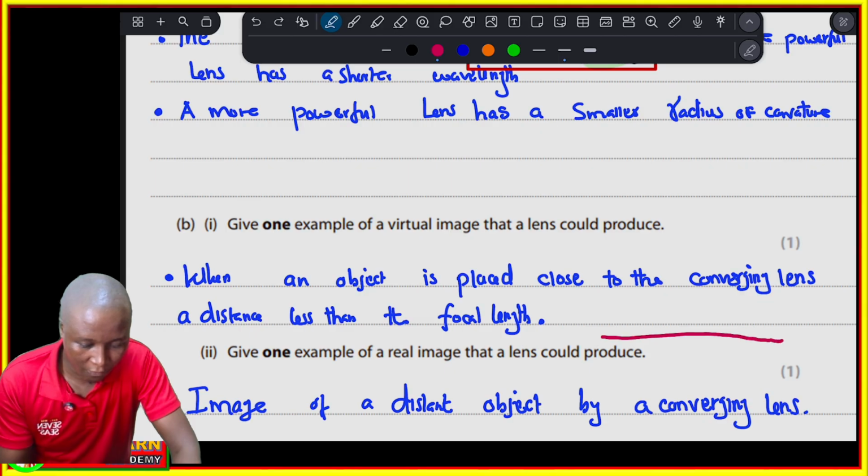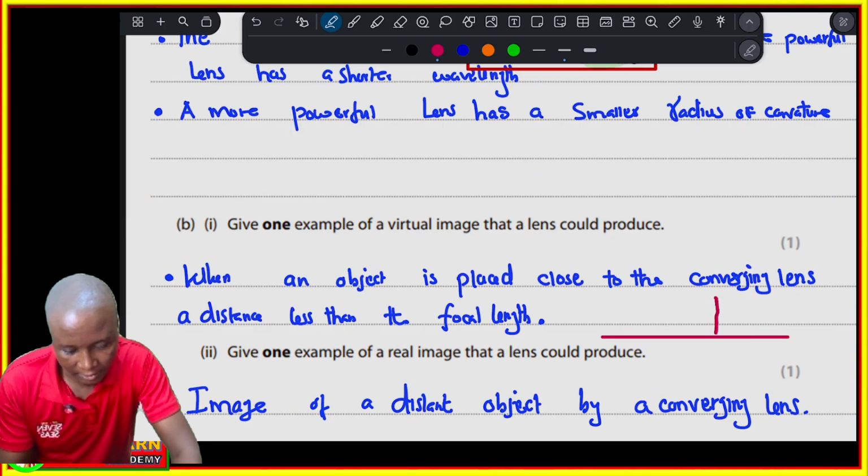So if we have a converging lens here, and this is the focal length, and this is another focal length at this point, the object is placed between the focal point and the optical center.